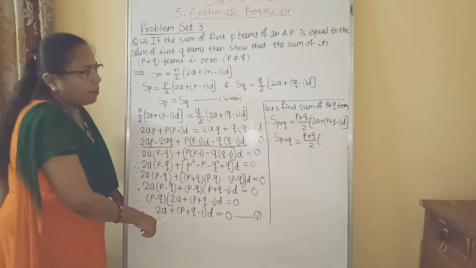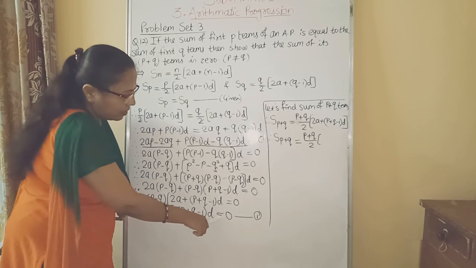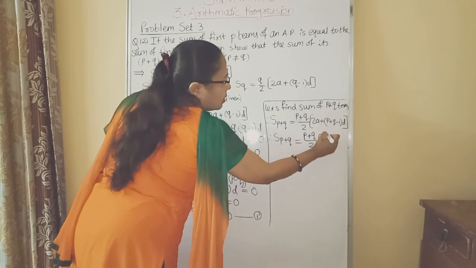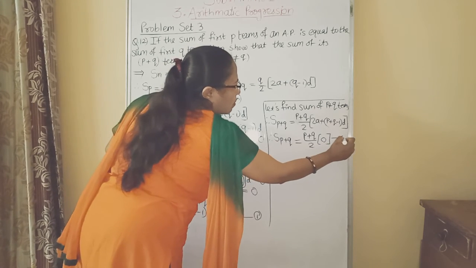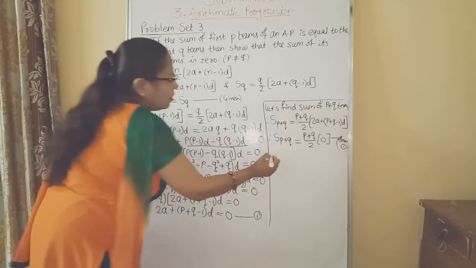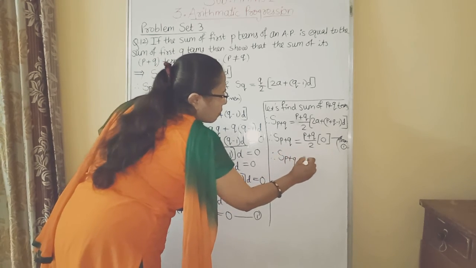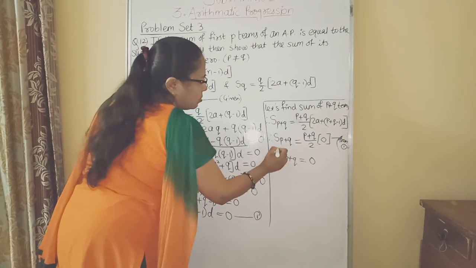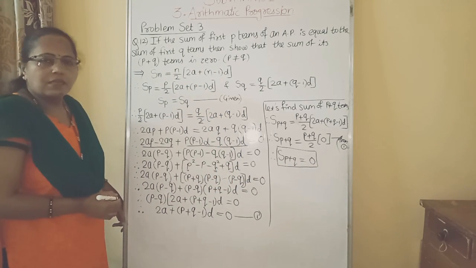Now from statement number 1, see, 2a plus p plus q minus 1 into d, this value is 0. So the value of this bracket we will get 0. And the reason we will write: from 1. Understood? Therefore, S of p plus q is equal to, again, p plus q upon 2 into 0. 0 multiplied by any number? 0. So this way we got sum of p plus q terms is 0.